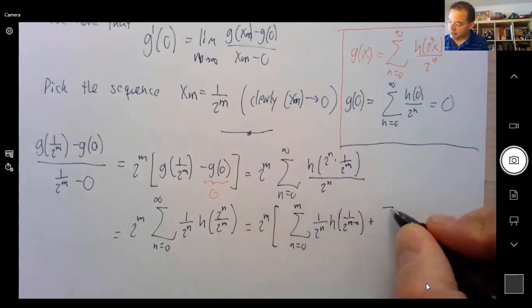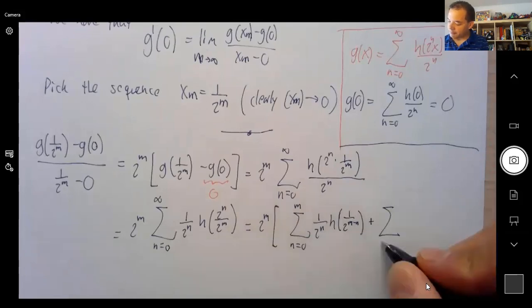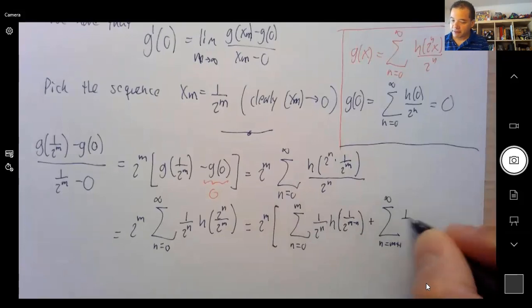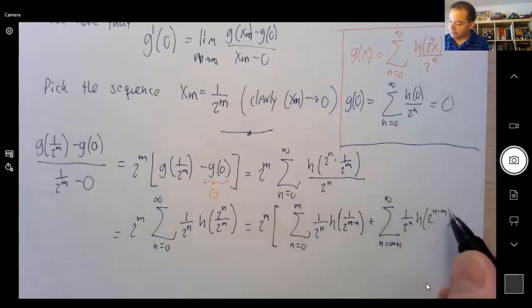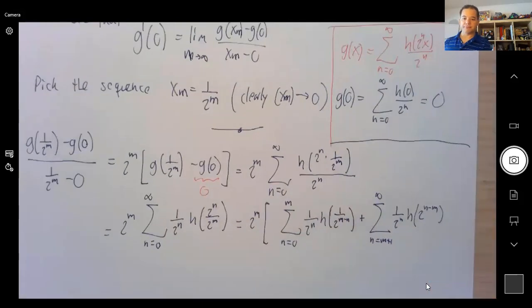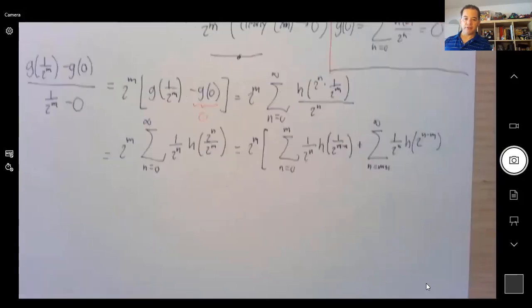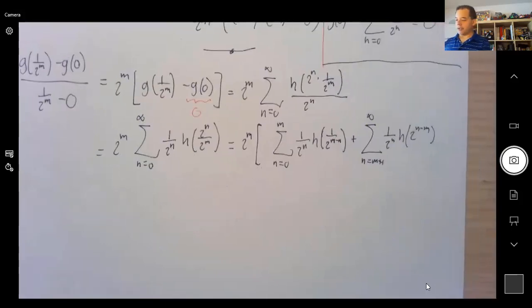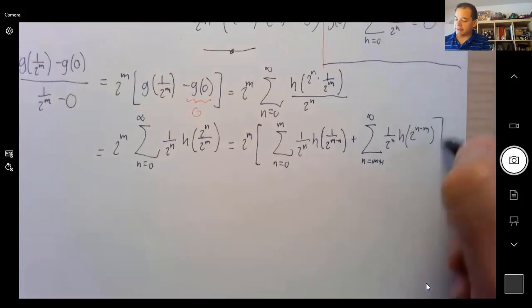And then I'm going to write the other part from m plus 1 to infinity, and for this one I'm going to write it as n minus m, because now this one is positive. Is that clear? Okay, so close the bracket.